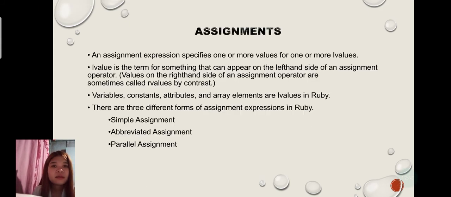Then variables, constants, attributes, and array are examples of L values in Ruby. There are 3 different forms of assignment expressions in Ruby, and those are simple assignment, abbreviated assignment, and parallel assignment.